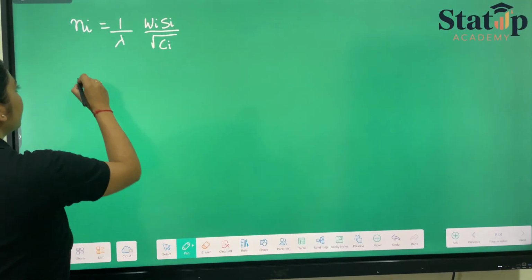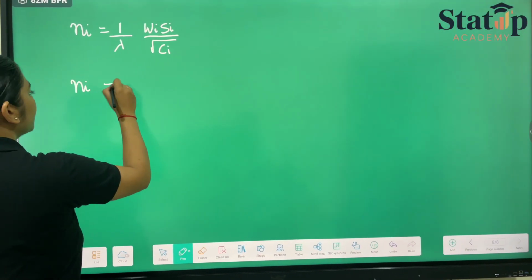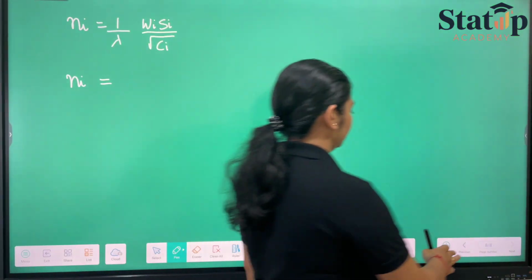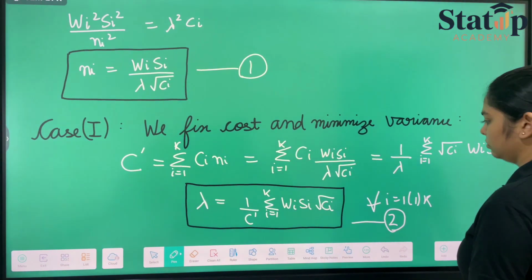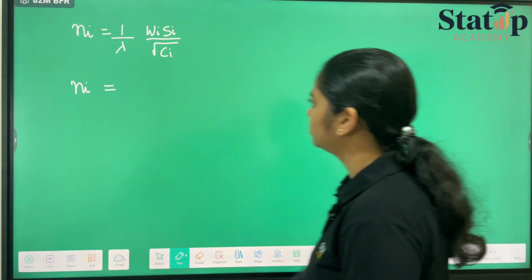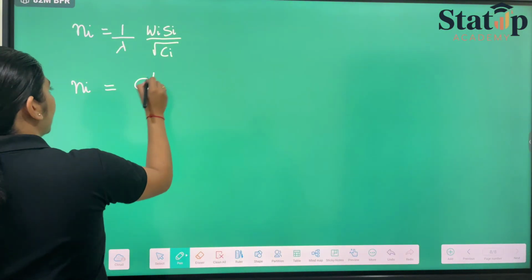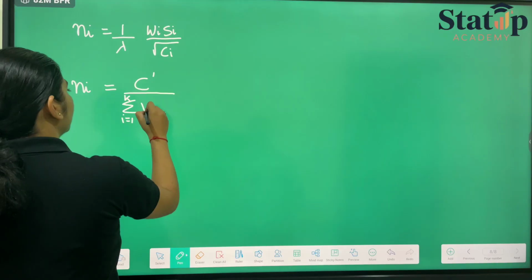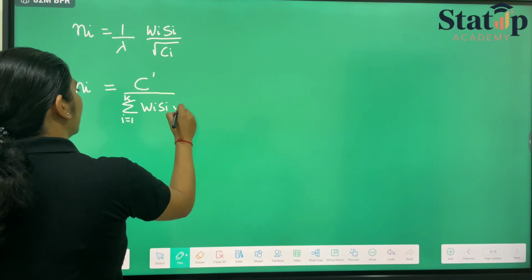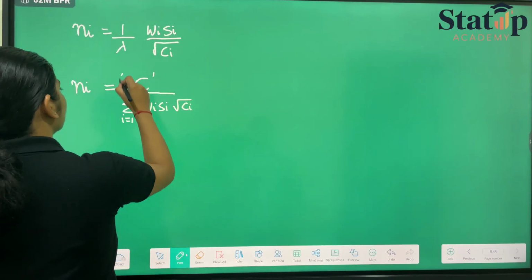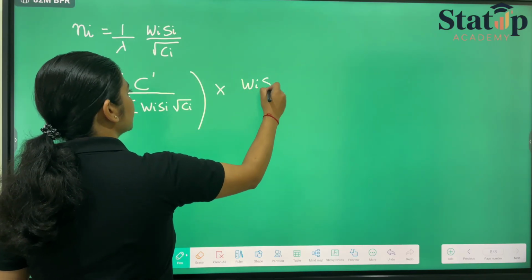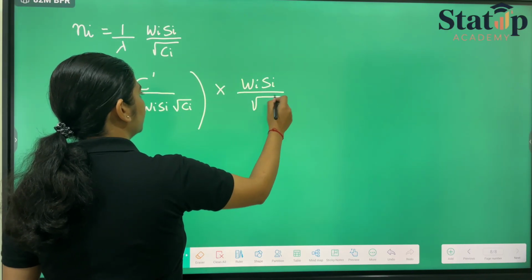Now replacing the value of lambda from that, we will get C dash upon summation i goes from 1 to k Wi Si under root Ci into Wi Si upon under root Ci.